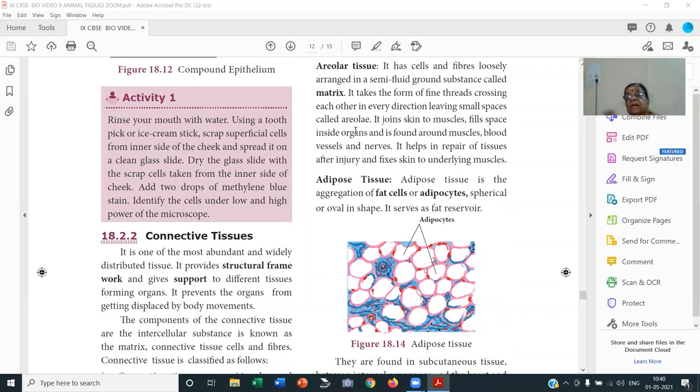The fine threads are yellow and white fibers. It joins skin to muscle, fills space inside organs, and is found around muscles, blood vessels, and nerves. It helps in repair of tissues after injury and fixes skin to the underlying muscles.